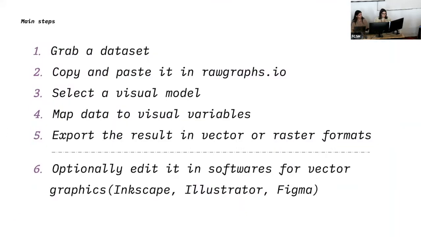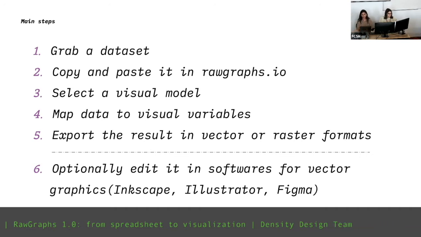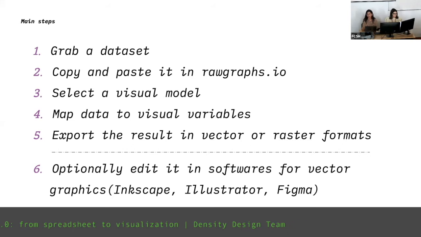So when we want to use RawGraph, we usually have to follow 5 or 6 steps. You firstly have to grab a dataset. You insert it into RawGraph, for instance, using a copy-paste, as we will see later, or by using a dataset that already exists on the tool.